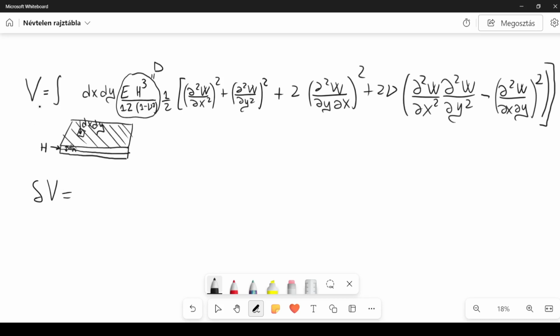The change in this total energy can be written as integral dx dy, then we have D over 2.